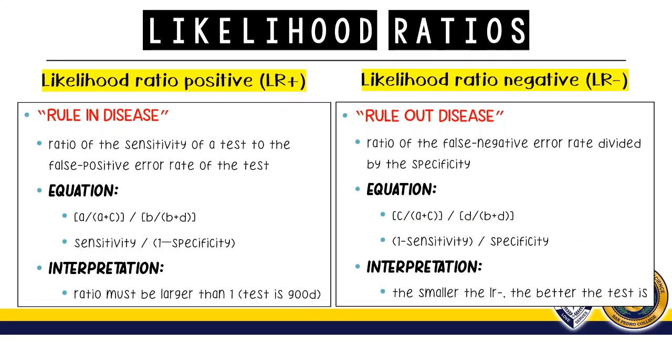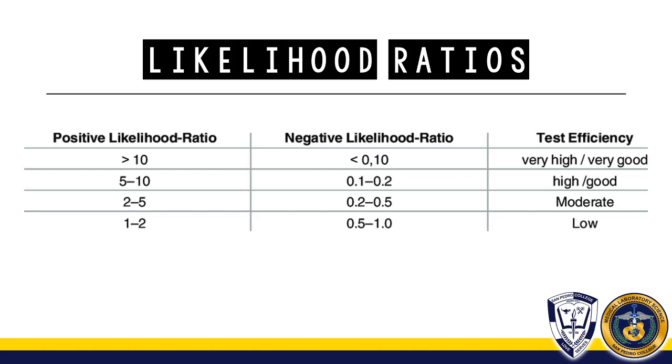So, if we put your results in a table, like this. If you look at this, the greater, the better. For your negative likelihood ratio, please correct me on this: it should be less than 0.1. Okay? And here, the smaller the value, the better. The greater for this one, smaller for that one. And this is then used for your test efficiency.